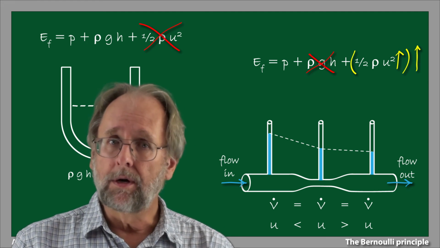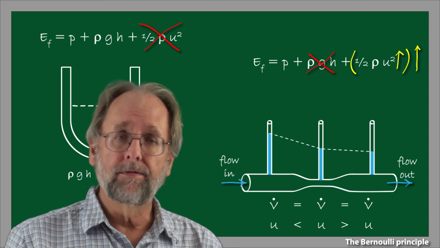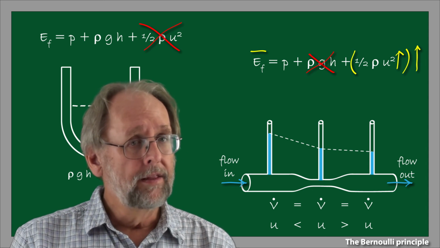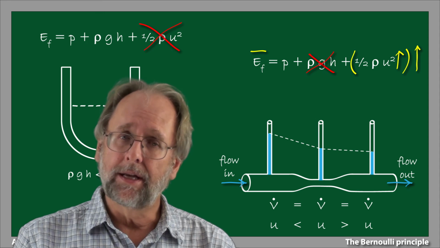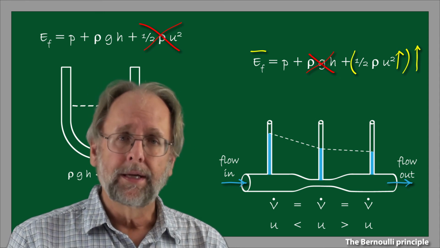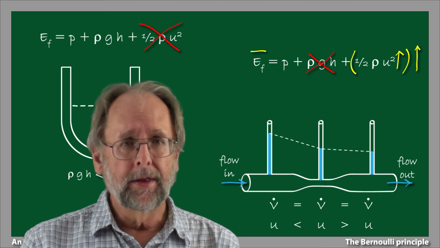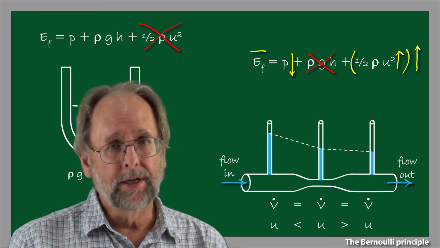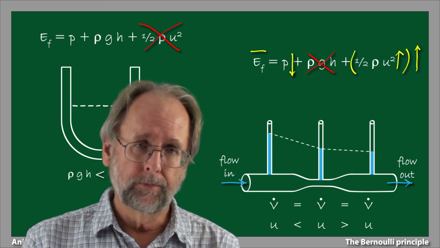But Bernoulli's law says that total energy in the fluid must be conserved, and this means that the increase in kinetic energy has to come from somewhere. Where it comes from is the only place possible, that is, from a reduction of potential energy in fluid pressure.